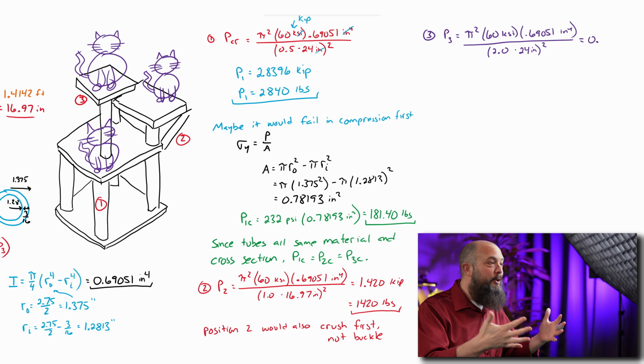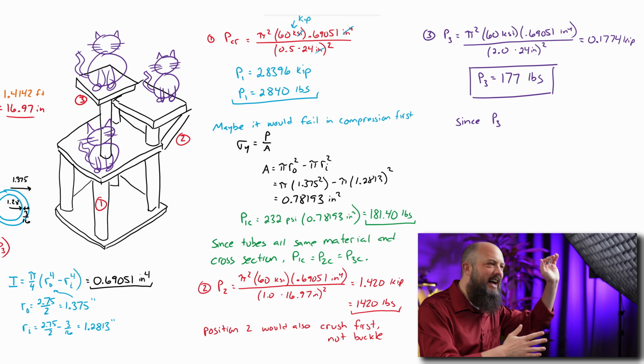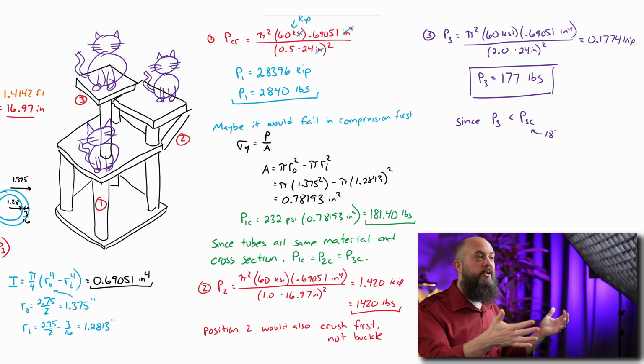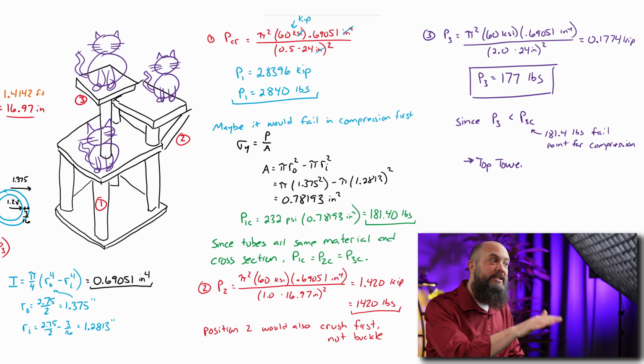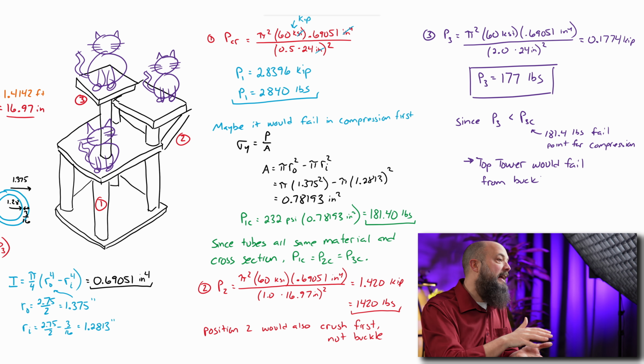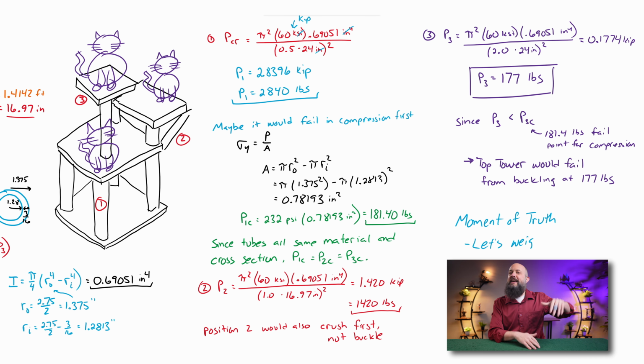So when we plug in all the numbers, we actually get that this fixed-free joint at the top of the cat tower is going to buckle at 177 pounds, which is less than the crush strength. So of all the positions in the entire cat tower, the top position due to buckling is the place that would fail first. And so, moment of truth, does TA Serenity weigh more than 177 pounds?